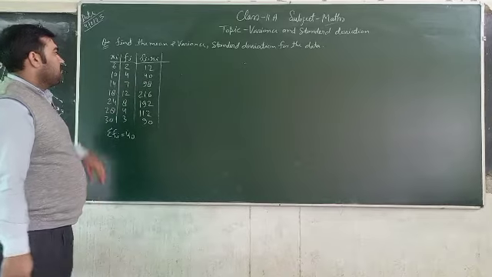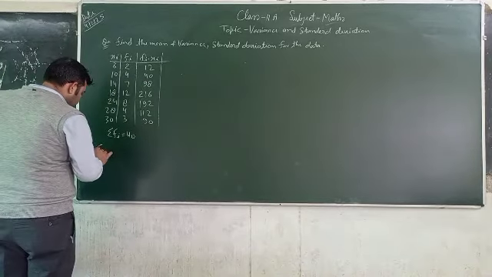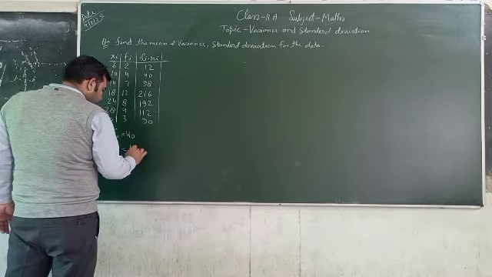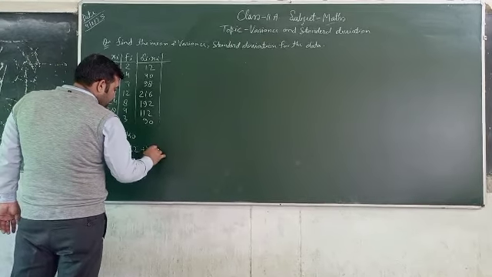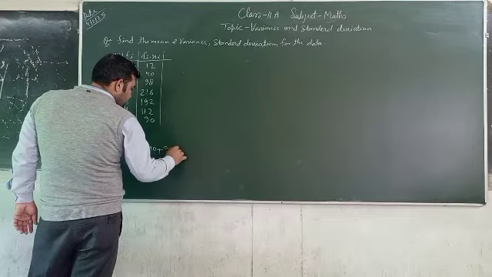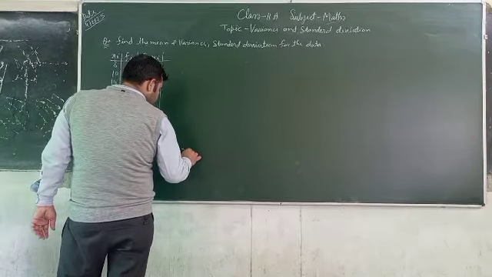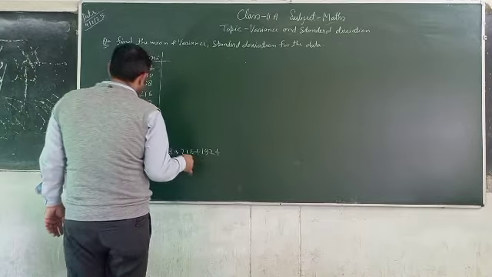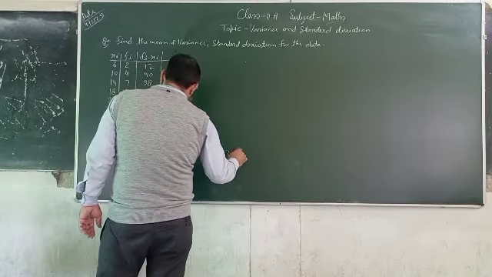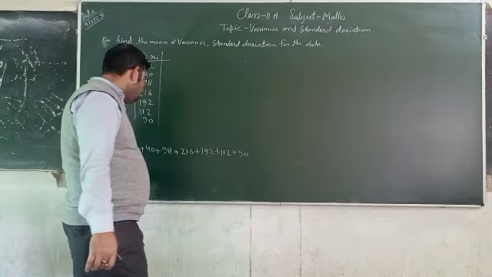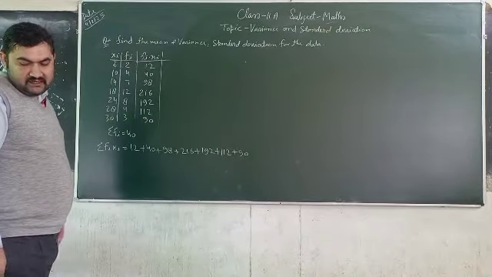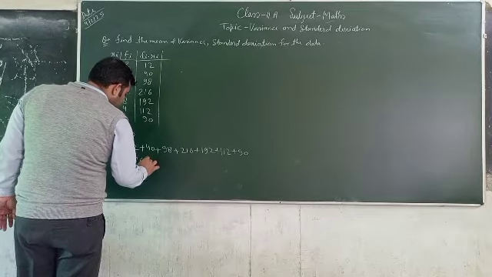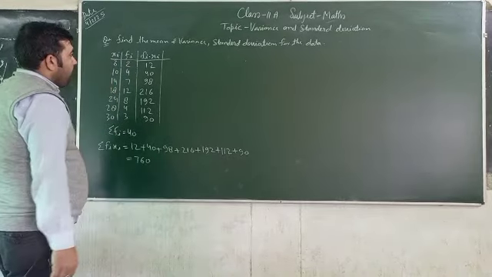Summation fi into xi: 12 plus 40 plus 98 plus 216 plus 192 plus 112 plus 90. You have to calculate the sum of all this data, and this is equal to 760.